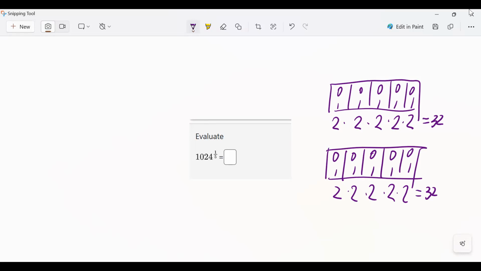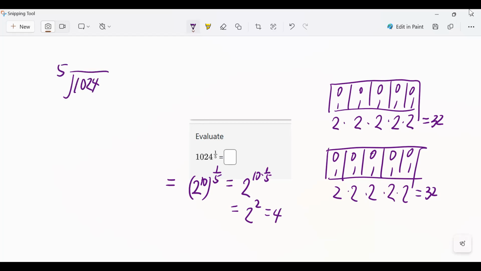So you can either do 2 to the 10th power, to the 1/5, and get the answer. That would be 2 to the 2nd, since 10 times 1/5 is 2. So 2 to the 2nd. Another way of doing this would be turning back into the root. It's the fifth root, so we know this is 2 to the 10th power, right?